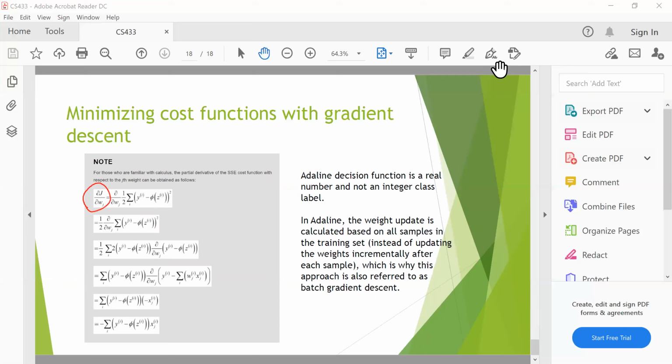So the partial derivative of the cost function with respect to each specific weight, the result is this. How do we come up with this?